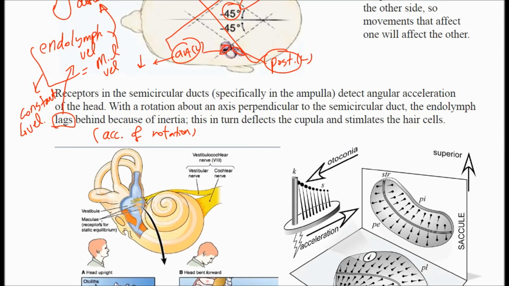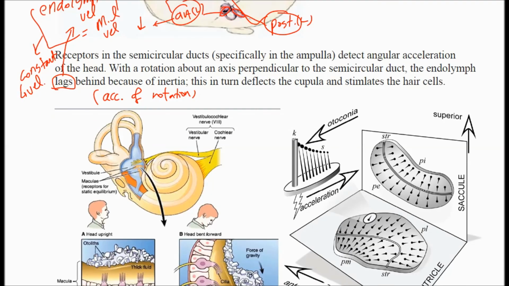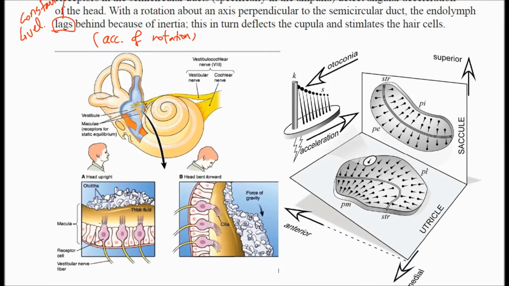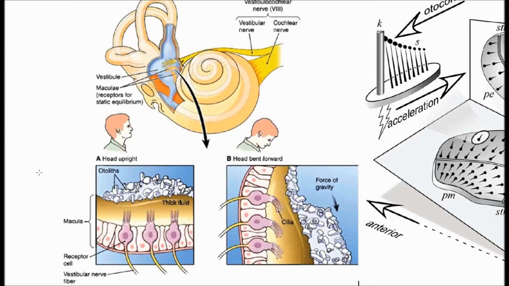Let's have a look at the other two structures of the vestibular apparatus, which are the saccule and utricle. So two organs are shown in this diagram. The sensory organ for the utricle and saccule is called macula.